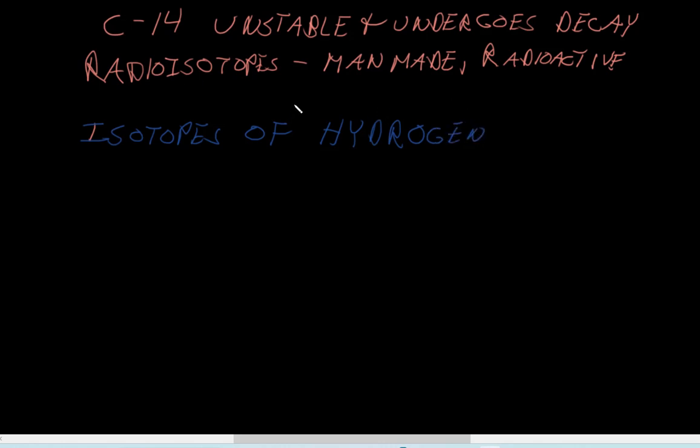The most common one, and the one you see on the periodic table, is hydrogen with a mass of 1, and that means it only has a single proton. You'll see its scientific name is protium, but really that doesn't get used a ton. When you think about hydrogen, you think about the one with no neutrons, but it is referred to as protium.